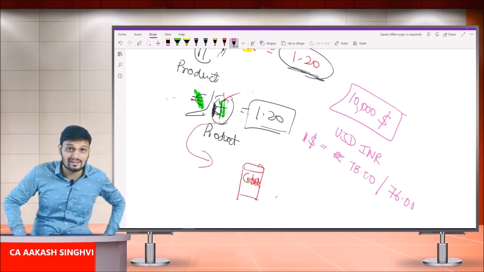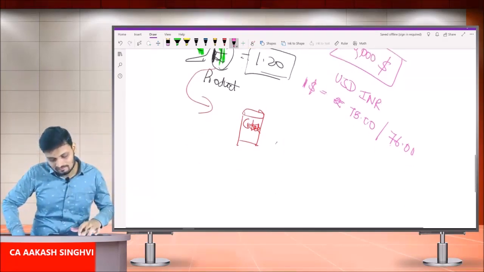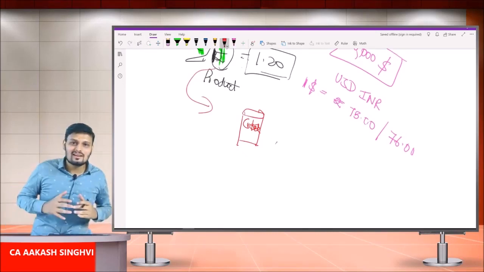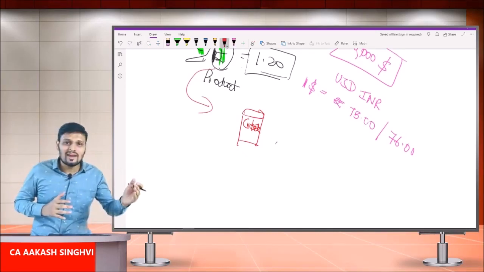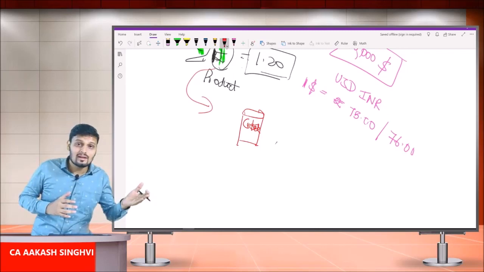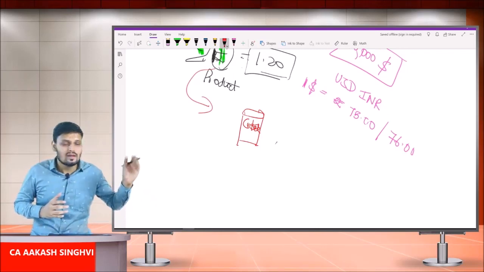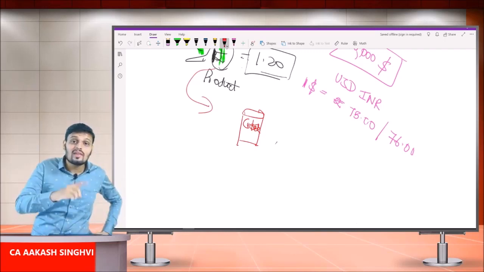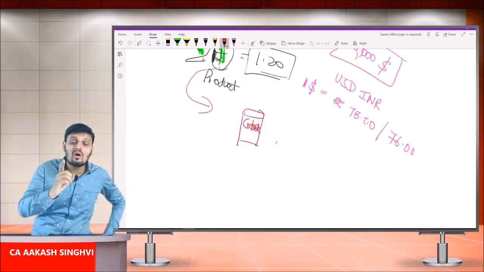Now what does this mean? As a forex dealer, there will be clients of mine who want to buy dollars. For example, someone going to the US will come to me and buy dollars. But on the other hand, there will be a few clients who will come and say, I want to sell you dollars.